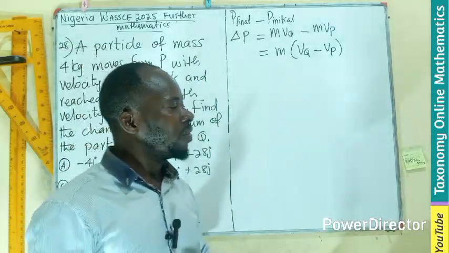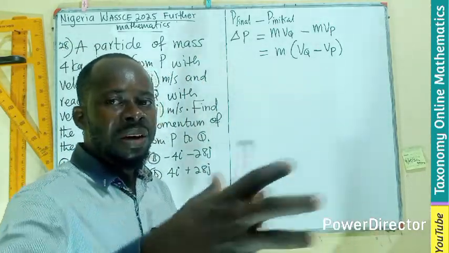Then what is VQ minus VP? That is also talking about the change in the velocity.